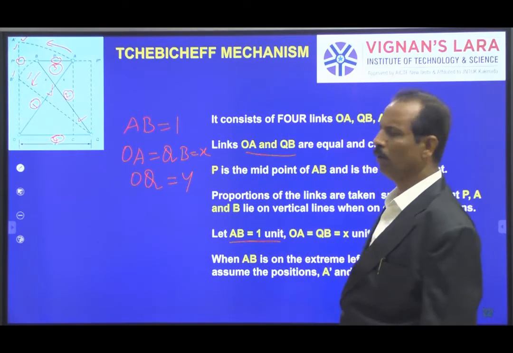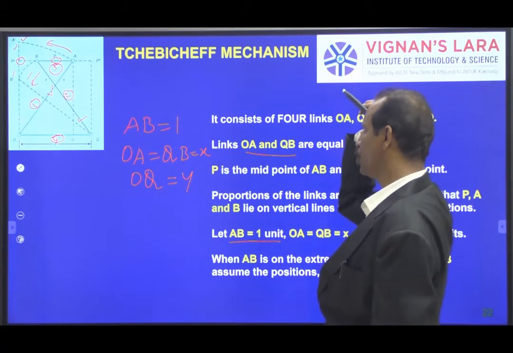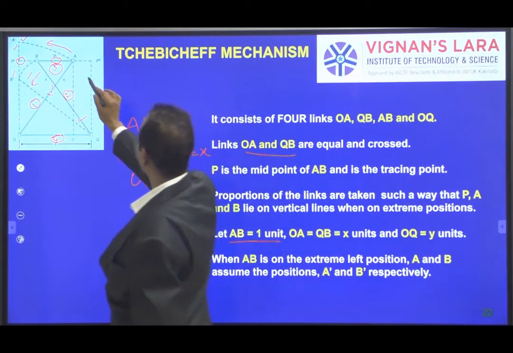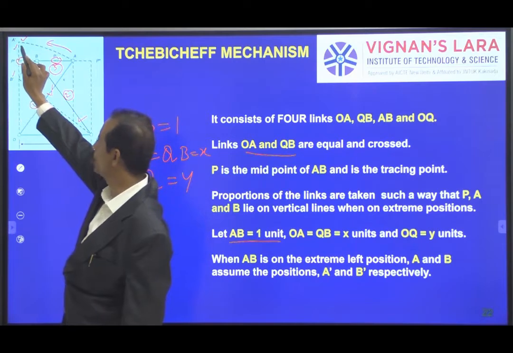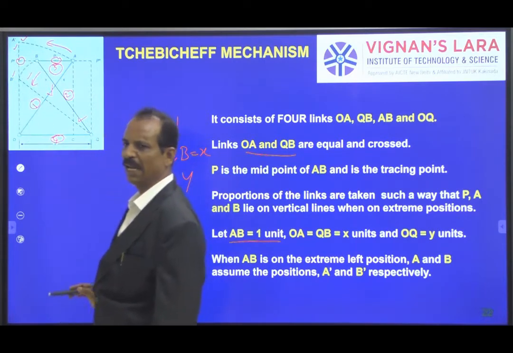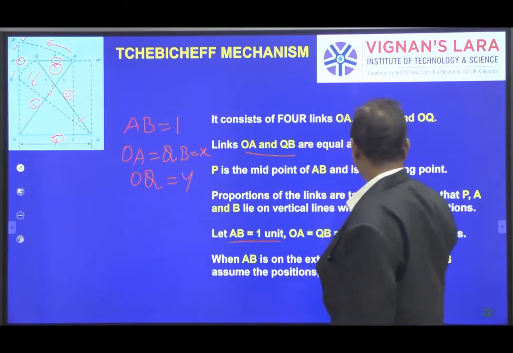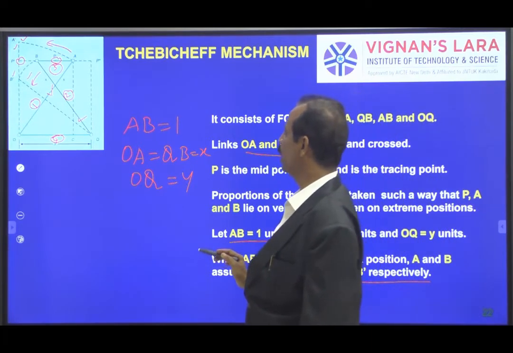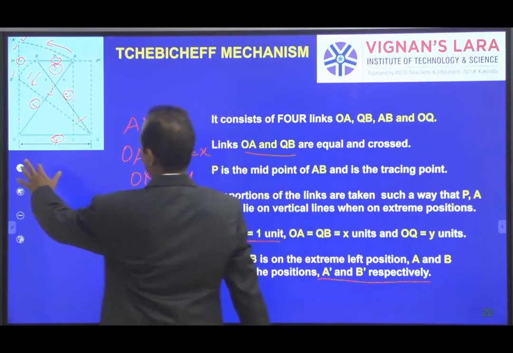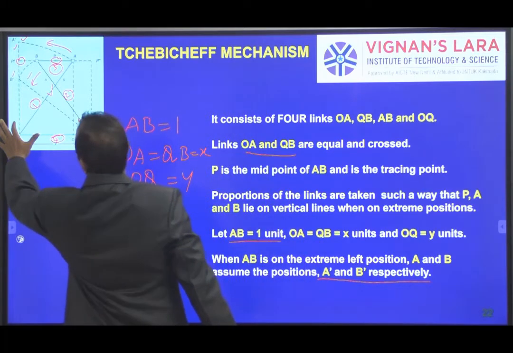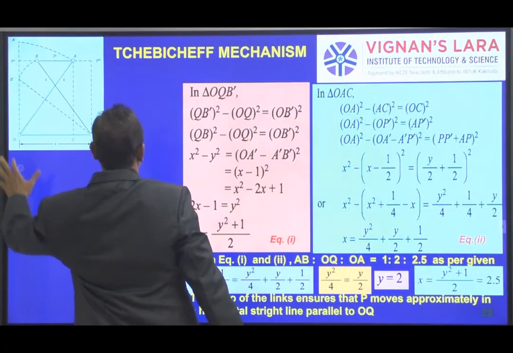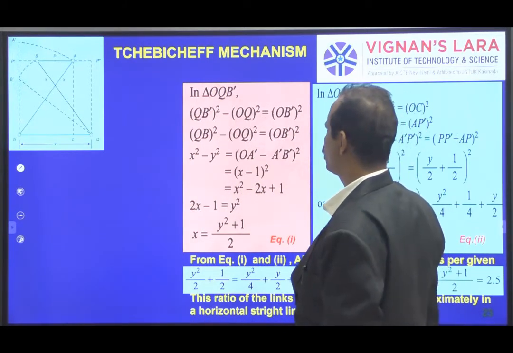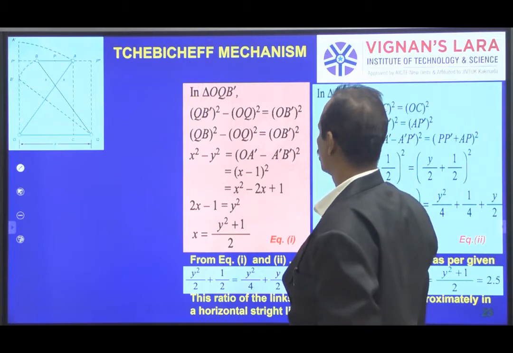So when AB is at one of the extreme positions, A and B are shifted to A dash and B dash. There, by the right angle triangles, we can get the relations from simple mathematics, and we can show that if their ratios are 1:2:2.5, then it gives a straight line mechanism.